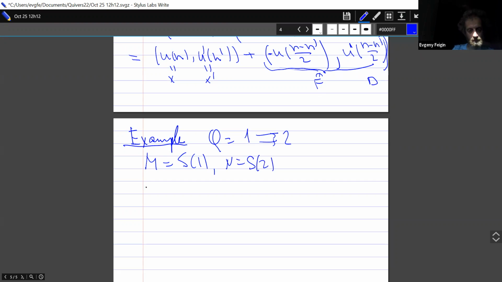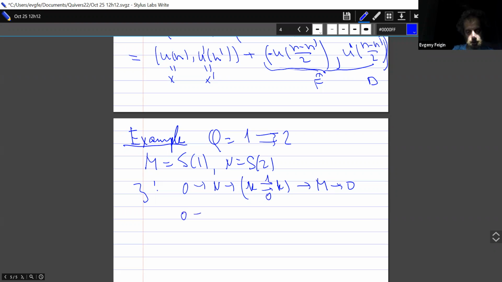The first extension is 0 to N to K, 1, 0.